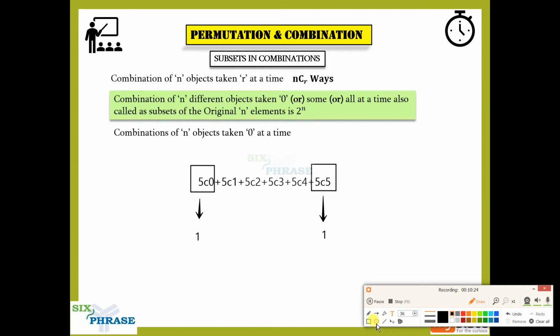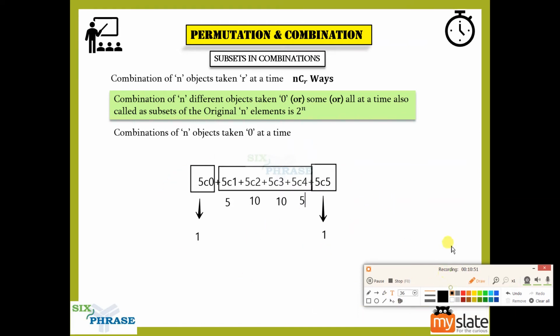This is the combination of n things taken some at a time. Now what is 5C1? I suppose you'll get a value of 5, plus 5C2 is 10, again 5C3 is 10, 5C4 is 5. So you're getting 30, right? So totally you have 32, guys.